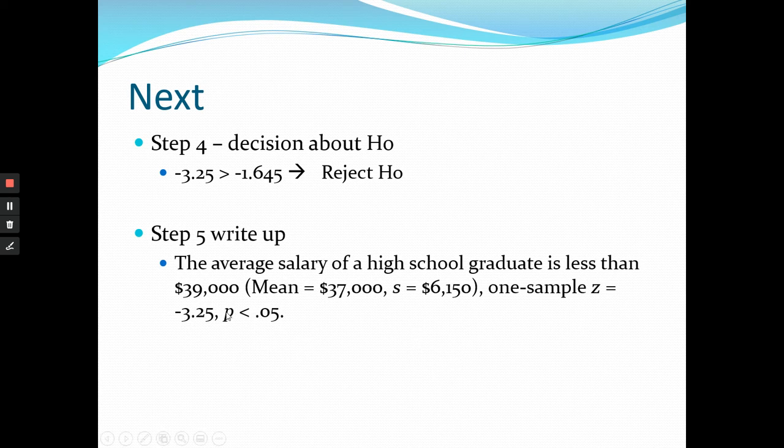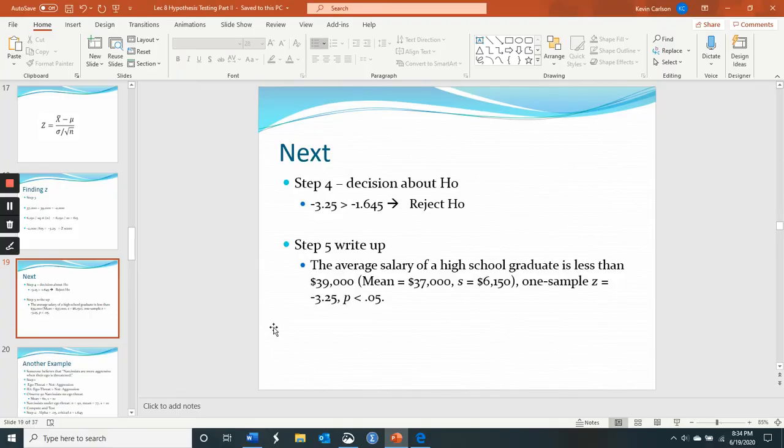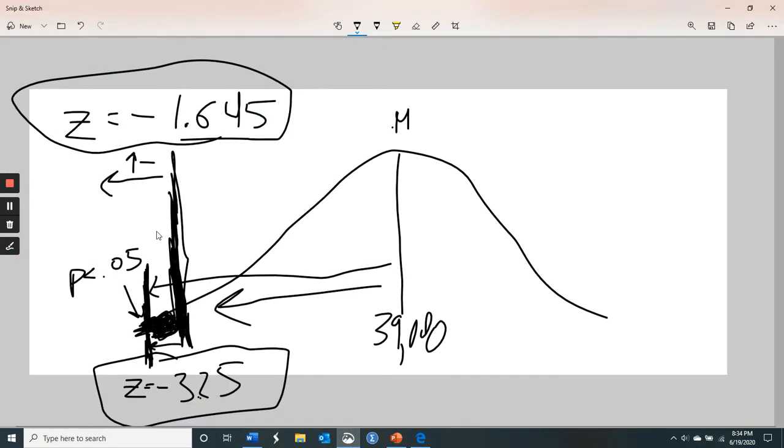This last little part here, p is less than 0.05, just means that that's a significant difference. There's less than a 5% chance that we would have a salary so much lower than 39,000 that it would just be due to chance. So there's probably something else going on. There's an effect going on.